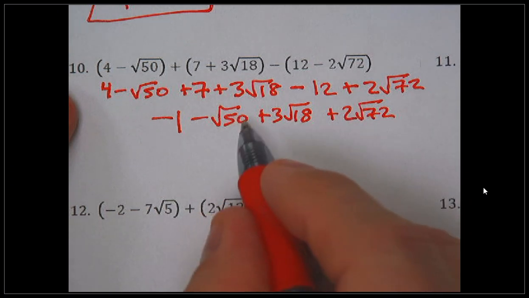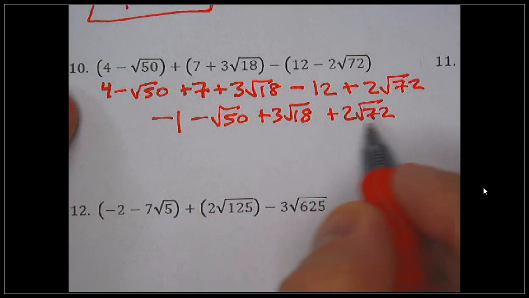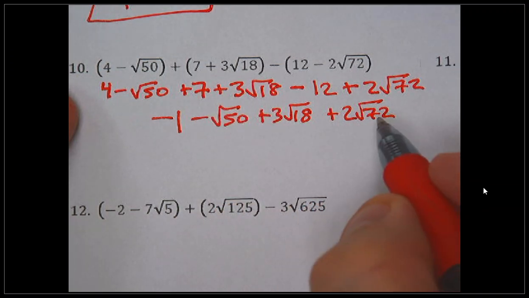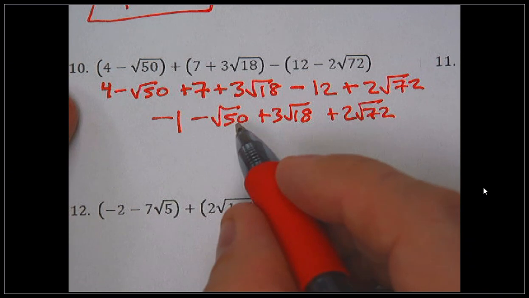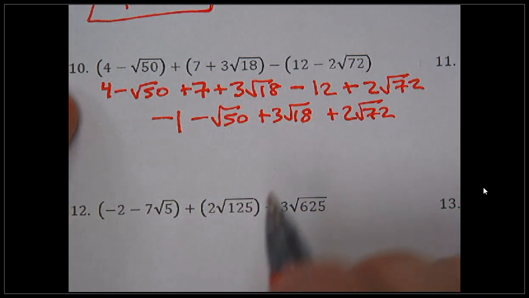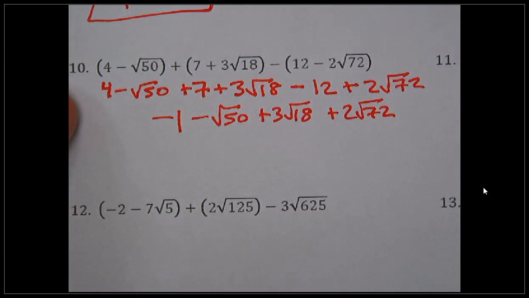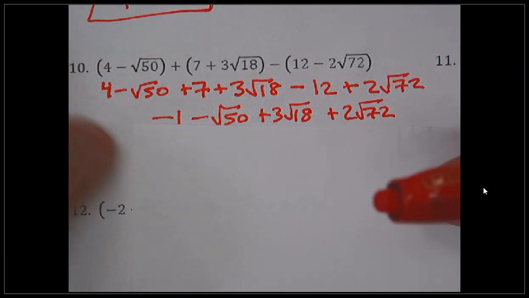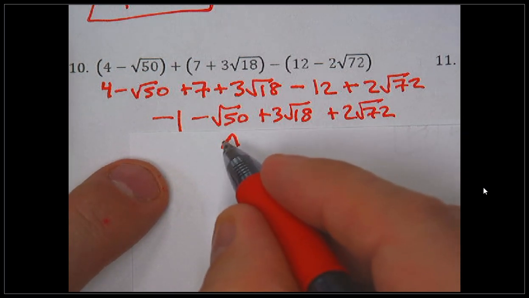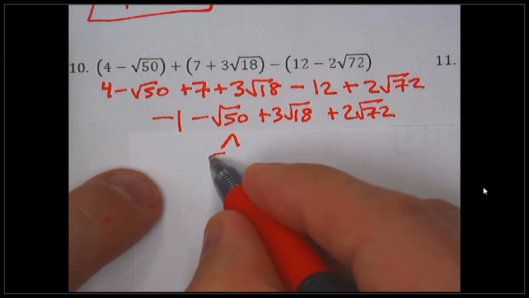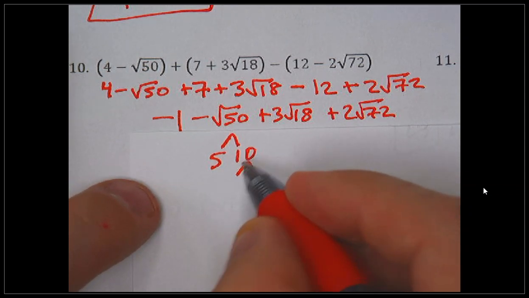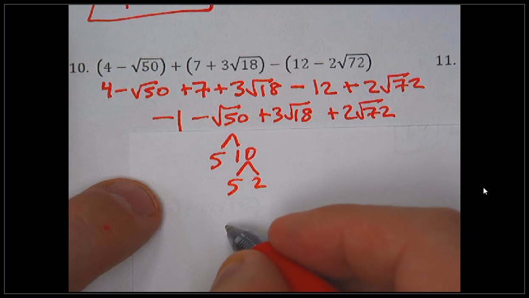However, these are not prime numbers. 50 and 18 and 72, they are not prime numbers. So it's possible that I can break these down into prime numbers, and in a way that I will have like terms. So let's do a factor tree. 50 can be broken down using a factor tree to 5 times 10. 5 is a prime number, 10 is not, so 5 times 2.